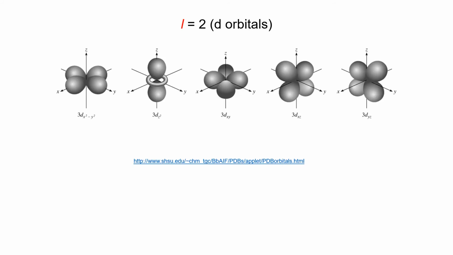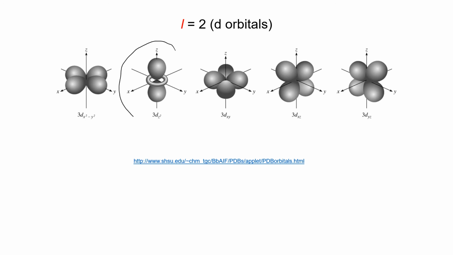If L equals 2, we have d orbitals. And as you can see, these are a bit more complex. 4 of them are like clover leaves, and you don't need to remember these. But notice that they are all oriented differently along these axes.